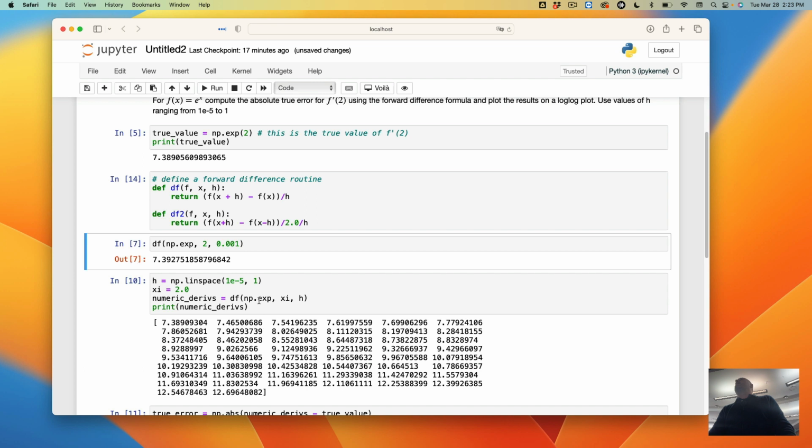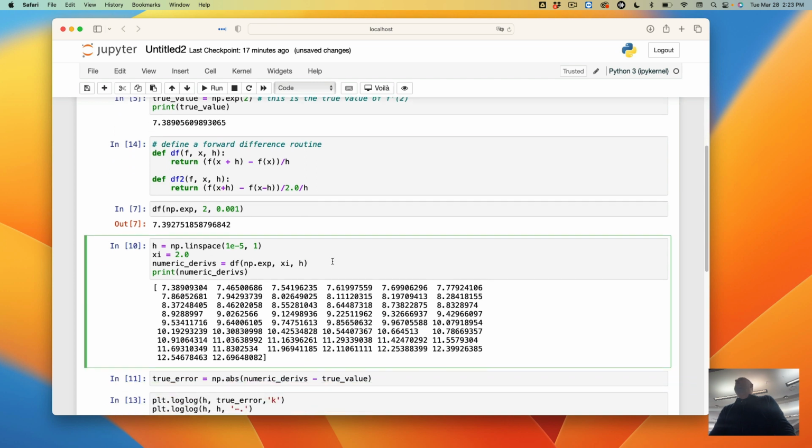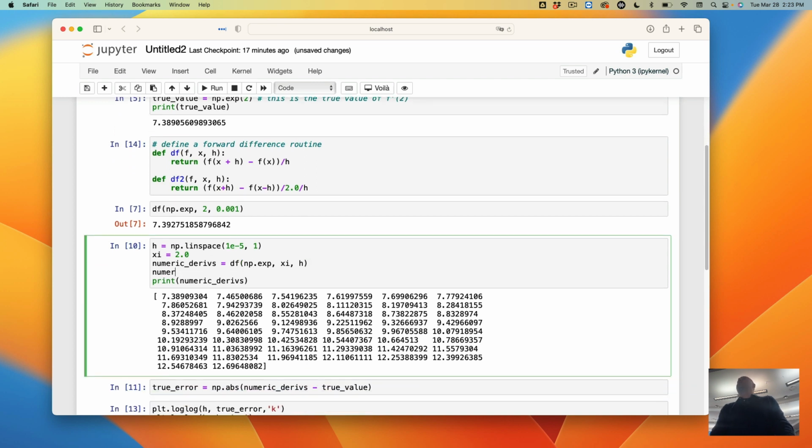So again, numeric derivatives 2 is equal to x_i and h. So now I'm computing numerical derivatives using this central formula.